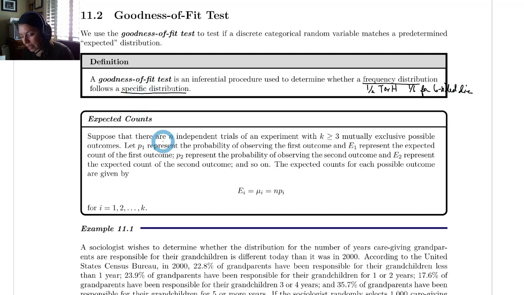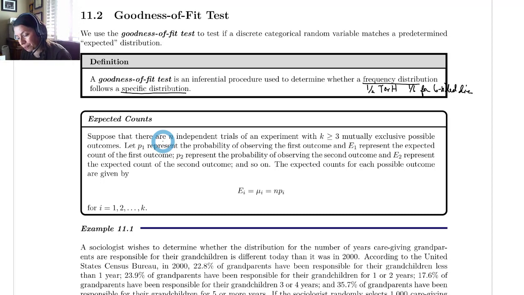Well, we need to find the expected counts. Now, I can toss a coin 100 times and write those observations down, but what would I expect, right? And so we need to calculate the expected values on top of having observed values.